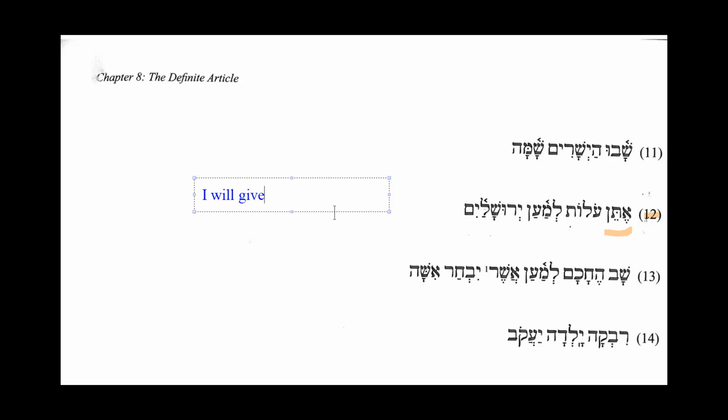And we'll move on. What am I going to give? Well, here is olot. It's a little bit tricky. The actual noun for this can be spelled two different ways. It can be spelled with a vowel letter, ola, like that, or it can be spelled without the vowel letter. We call this being written defectively. So ola.